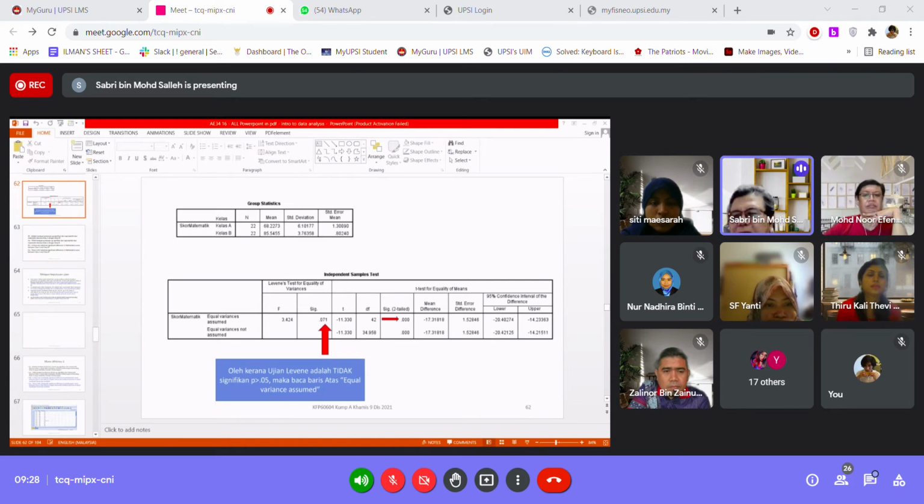Dalam contoh ni berapa bacaan dia? 0.07 something kan? 0.07 lebih pada 0.05, correct? So it's not significant. Not significant, read the upper row. Less than 0.05, significant, read the lower row.